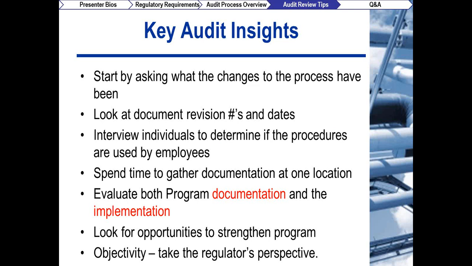Once I have those updates in mind, that's something I'm looking for throughout the whole compliance audit. Has it been updated in the PSI? Did they do an MOC? Was there a PHA necessary? Things like that. The next thing is you're going to look at document revision numbers and the dates. Again, if there are updates, you want to make sure that maybe their P&IDs have been updated since their last update, and then other sections as well.